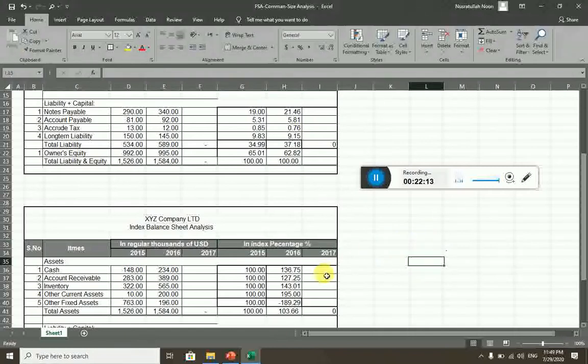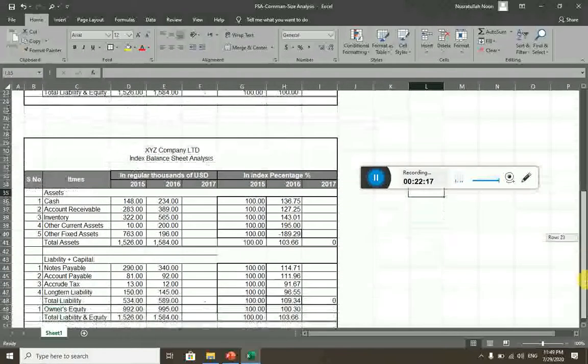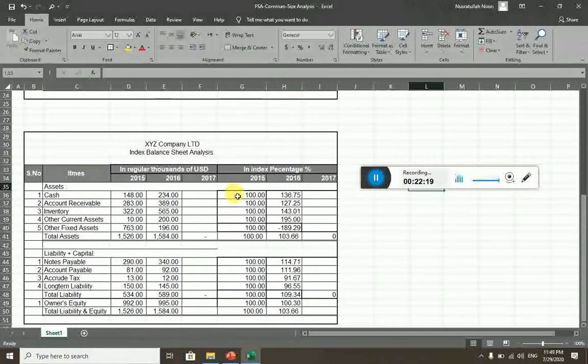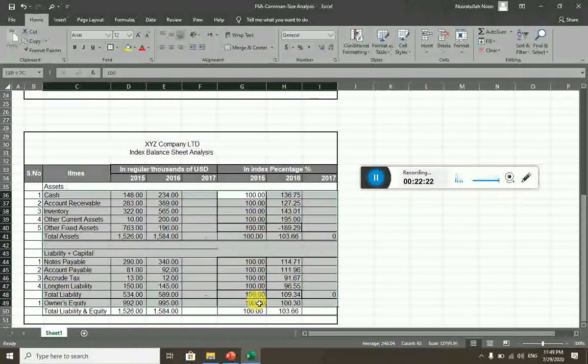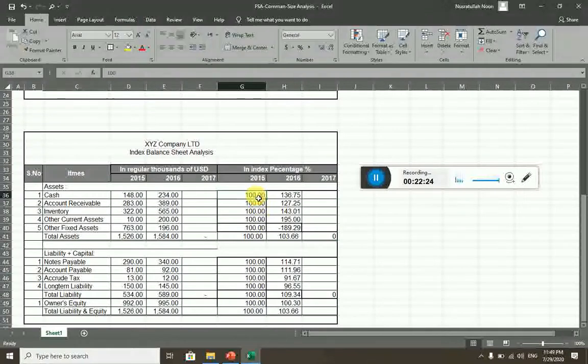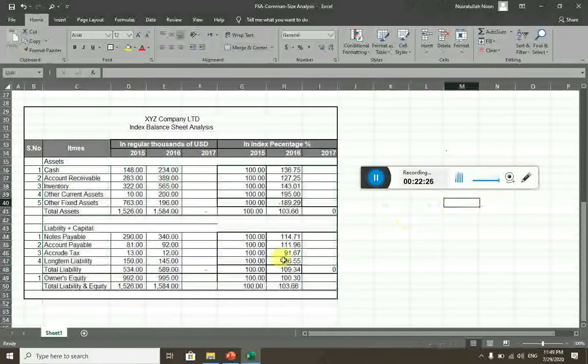Right? 2015, 2016 and 2017. As per the rules, the base year is taken 100%. You can see it's 100%. Base year is 100%, all the items.